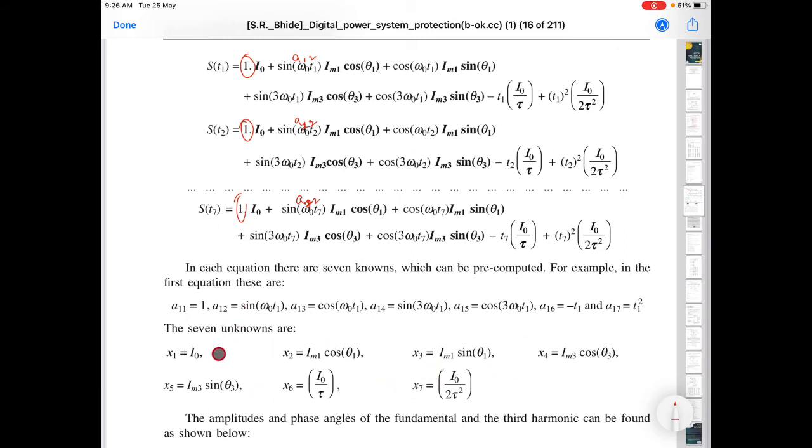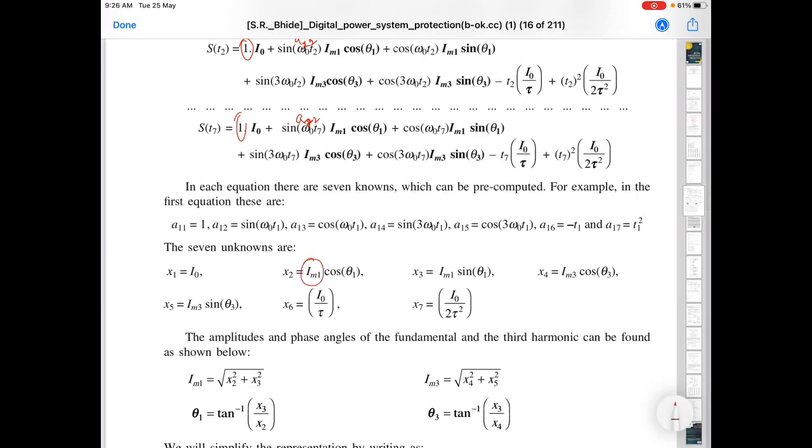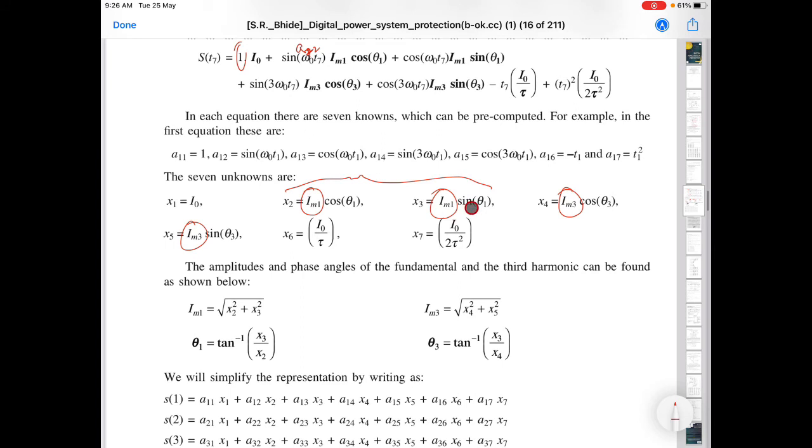These are the 7 unknowns. Now IM1 can be calculated, and similarly IM3 can be calculated from this. Okay, IM1 can be calculated from this equation. How? Simply square. If you square, x2 square is equal to IM square cos square theta 1.